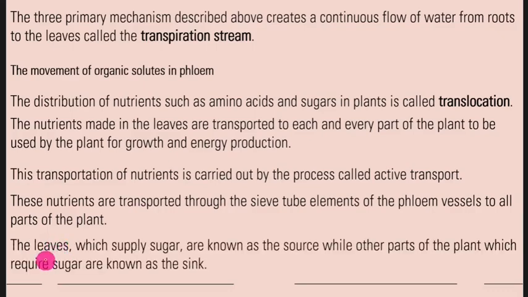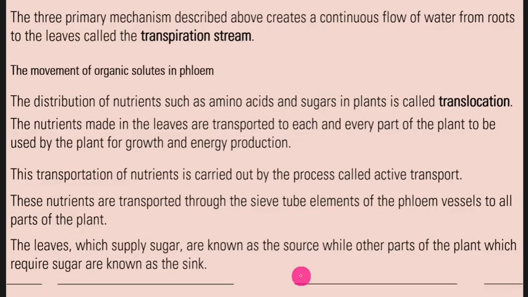Then the leaves which supply sugar are known as the source, while other parts of the plant which require sugar are known as the sink. What are these parts that require sugar, which are called the sinks? These are the roots, these are the fruits, these are the flowers, these are the buds.